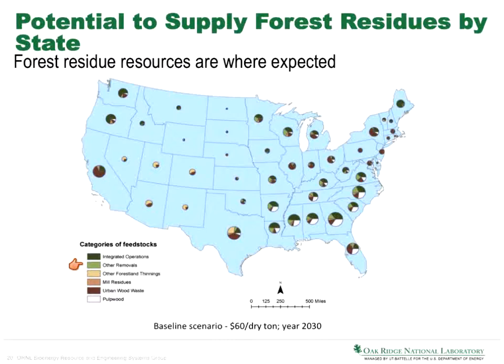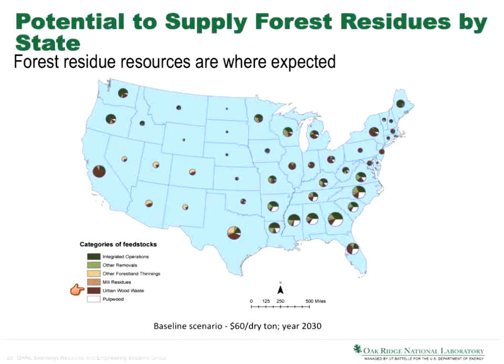We have other removals, another FIA category, which is basically other types of wood that could come into supply during harvesting operations. We have other forest land thinnings potentially being available, from slightly less productive types of forest land. Mill residues are largely already used, but potentially there's some of that supply available.